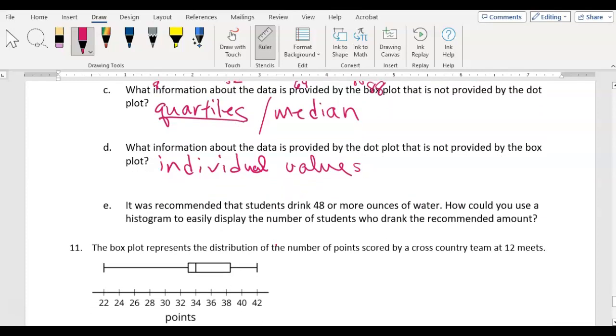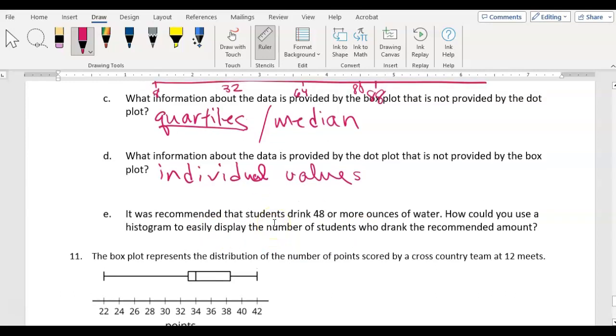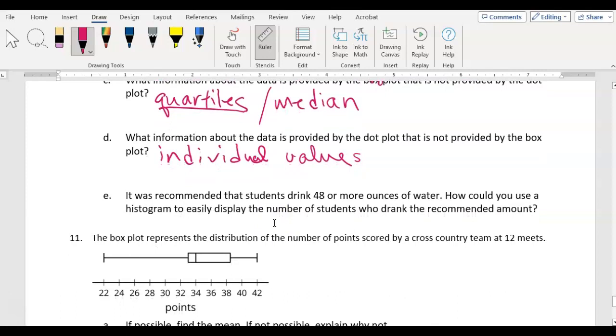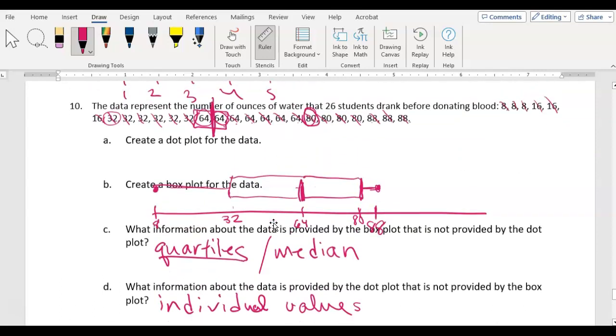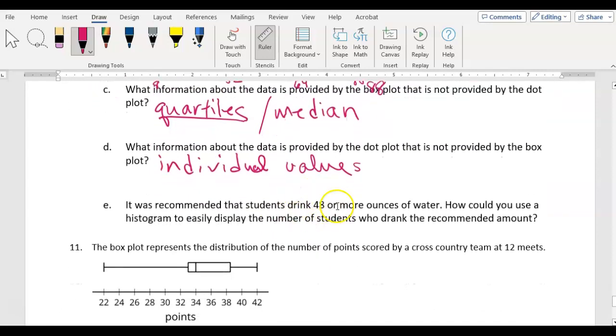E, it was recommended that students drink 48 or more ounces of water. How could you use a histogram to easily display the number of students who drank the recommended amount? So if you were to draw a histogram, then you would probably put a certain number between 48 and another value, right?